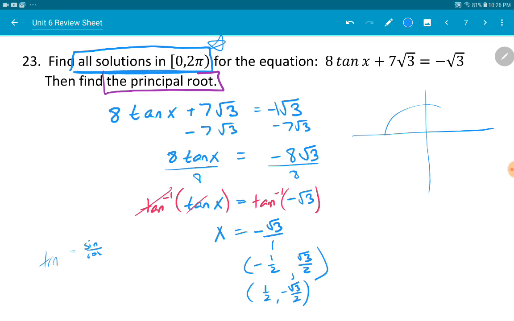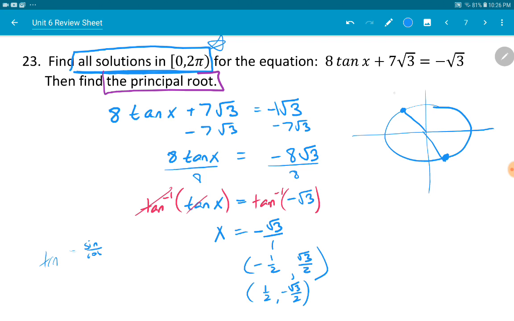Those 2 points on the unit circle are a negative x and a positive y, taller than it is wide, since the radical 3 over 2 is bigger than 1 over 2. And then positive x, negative y would be here. So those are my two real solutions.